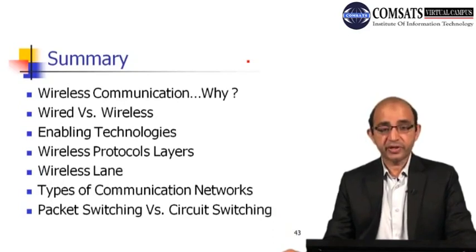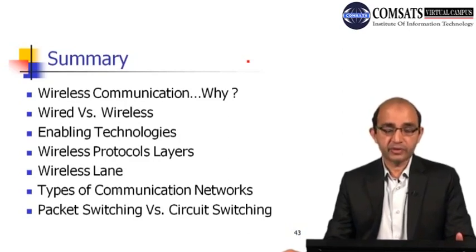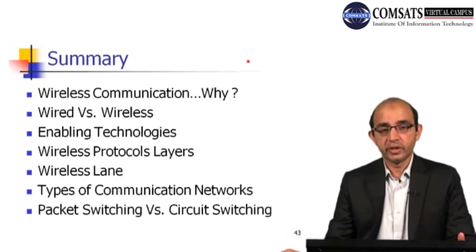Then we talked about different communication techniques that are used in the backbone network, that is the wired network: circuit switching and packet switching. And we finally talked about the advantages and disadvantages of those different techniques.